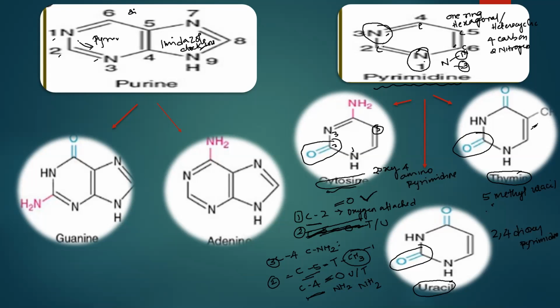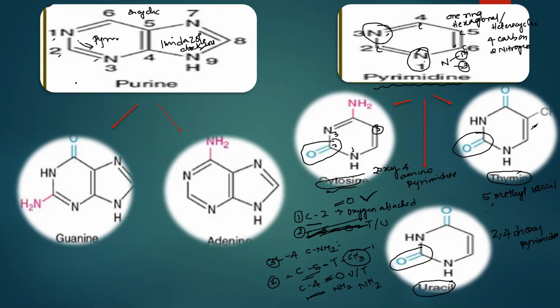I'll just write it, dicyclic. It is a 2-ring structure with the pyrimidine ring and imidazole ring. The pyrimidine part is anti-clockwise, whereas the imidazole part is clockwise. While you number it, you have to remember these points.